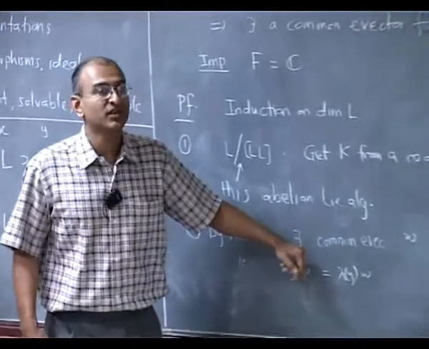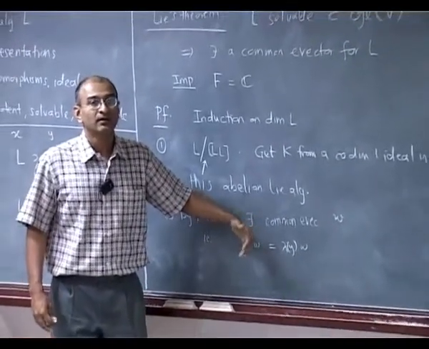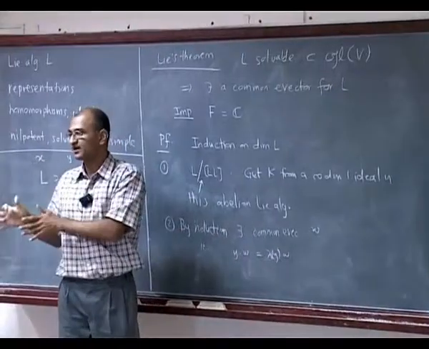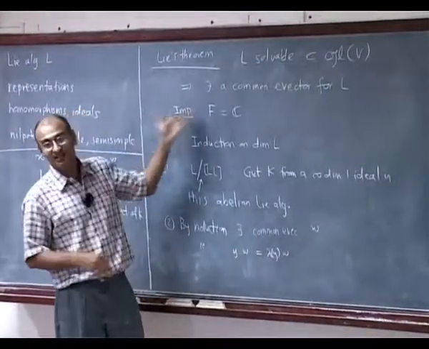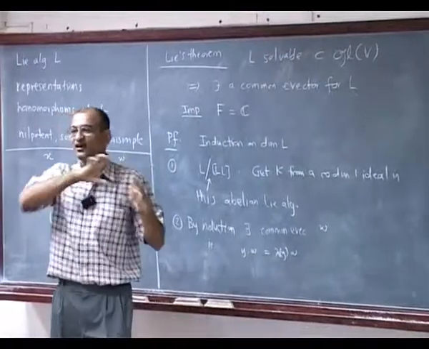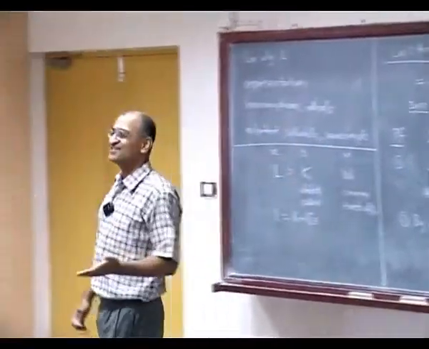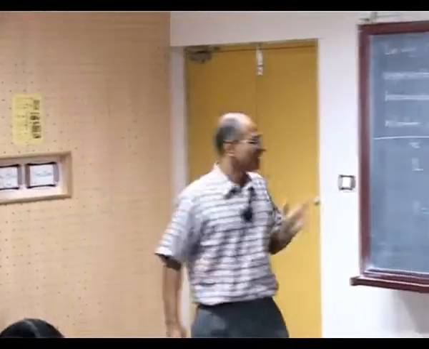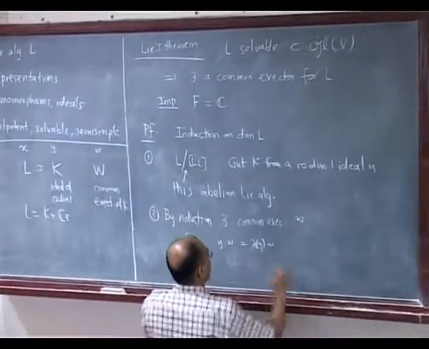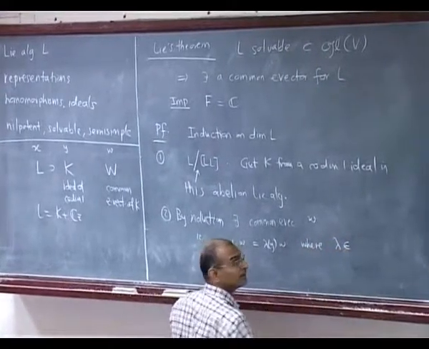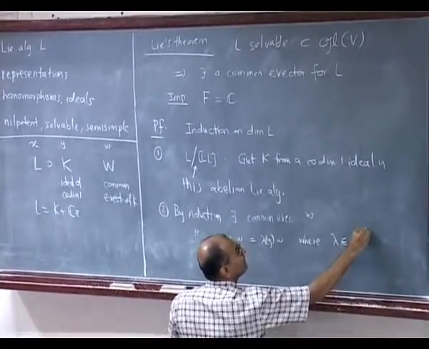You see, the way y1 plus y2 acts on w is by taking the sum of the operators by which y1 and y2 act. Even before preserving the bracket, a representation of a Lie algebra has to be first of all a linear map, right. So, therefore, lambda is in K star, correct.